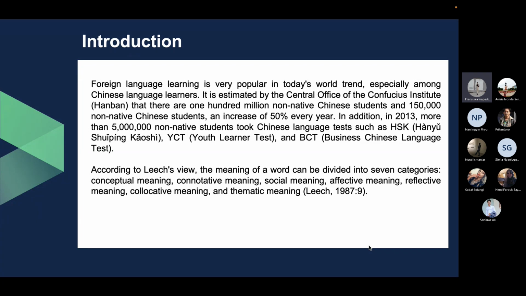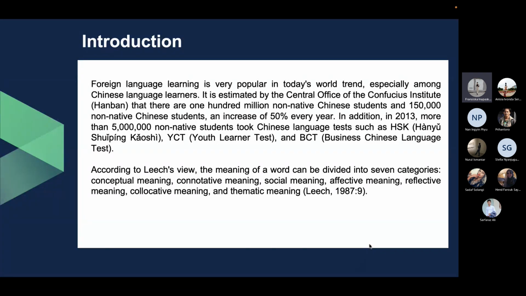So for example, the words daddy and father share the same conceptual meaning, that is male parent, but daddy is an informal word, while father tends to be used in written form or on formal occasions.